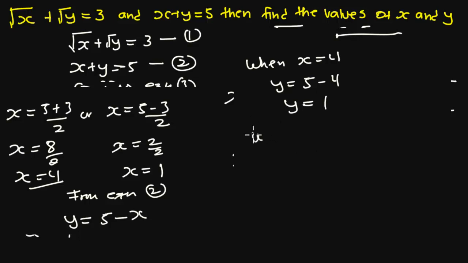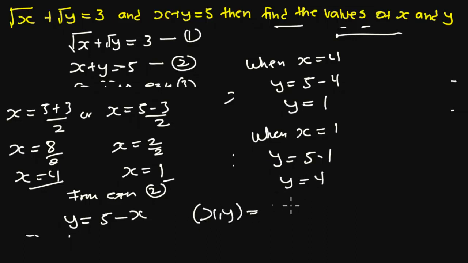And when x is equal to 1, y will be equal to 5 minus 1, and y will be equal to 4. So the values of x, y are 4, 1, and here we also have 1, 4. So these are the values of x and y.